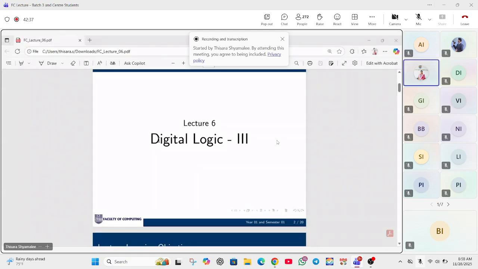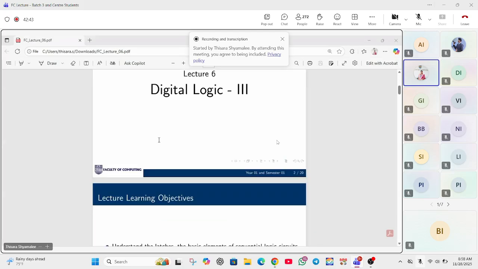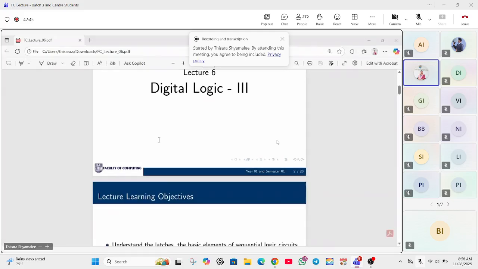Okay, so today we are going to discuss digital logic part 3. Basically, in this lecture we are going to discuss the sequential circuit. Last week we discussed the combinational circuit. Today we are going to discuss some circuits which come under the sequential circuits.